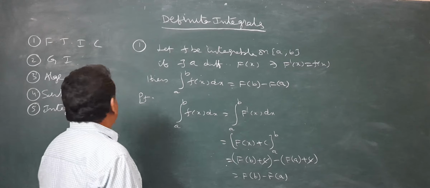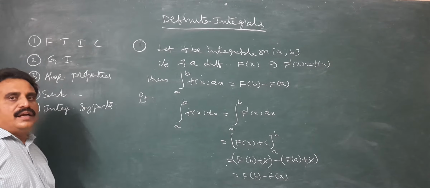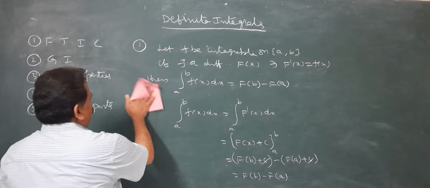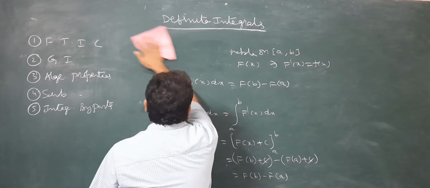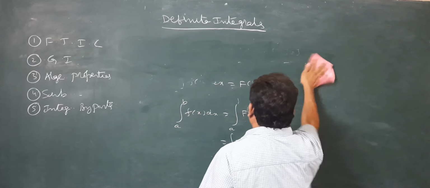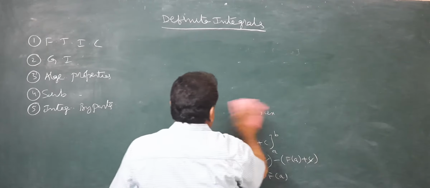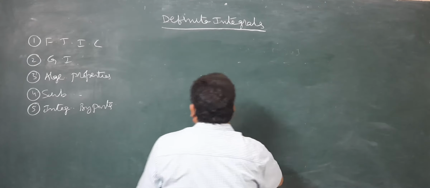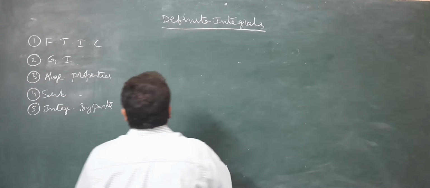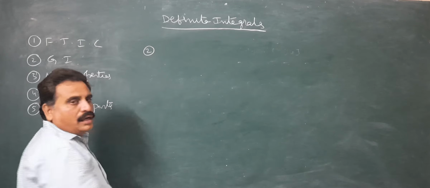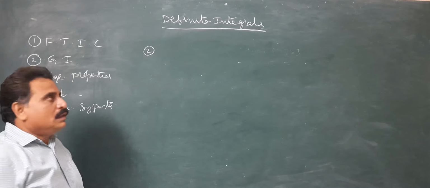Now we are going to the geometrical interpretation. Let f of x be a continuous function on the closed interval a, b, and f of x greater than or equal to 0. Second point, geometrical interpretation.